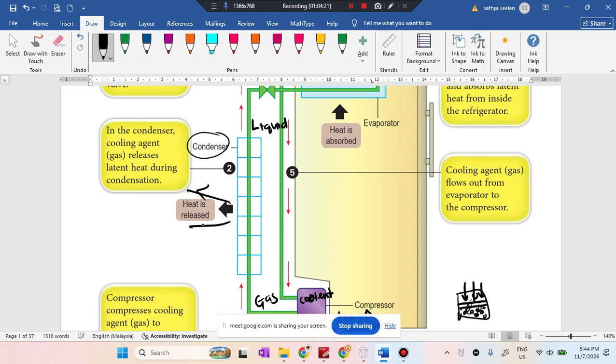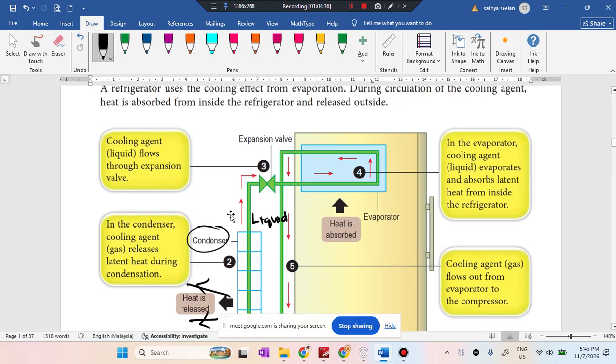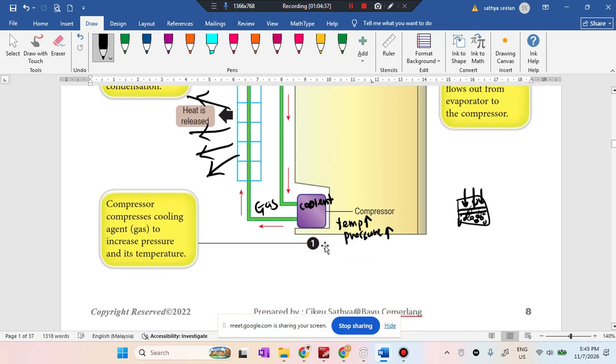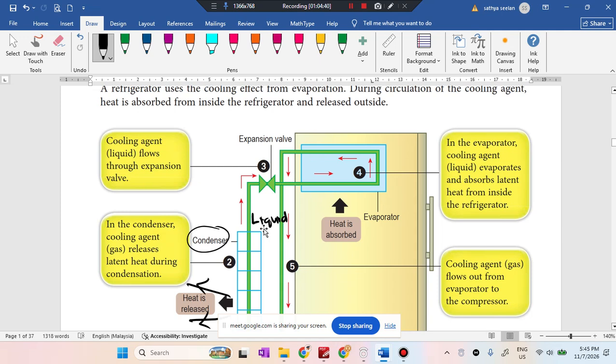Right? Heat is released. So in the condenser, the cooling agent, the gas, releases latent heat during condensation. Now it becomes cooling liquid, which is why the word liquid is used.